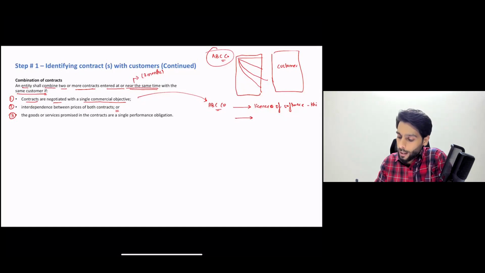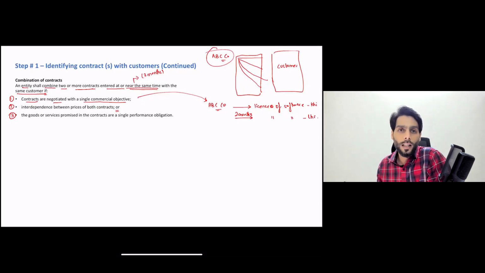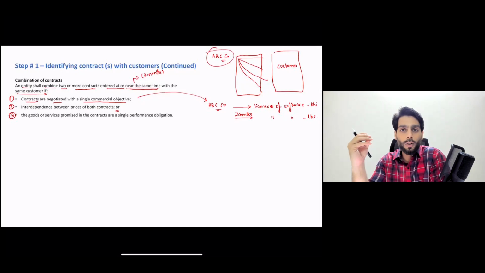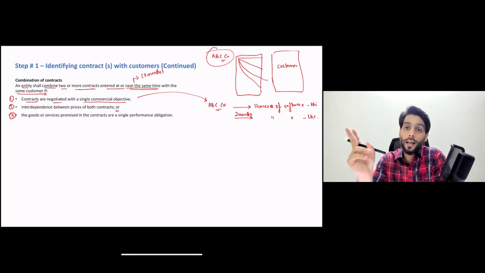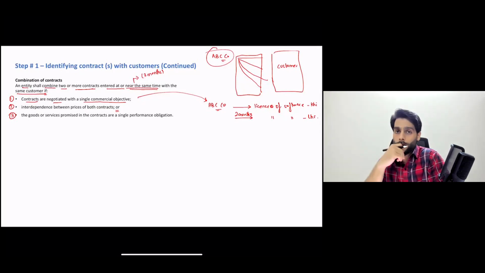Let's say it was signed 2 months after, but it is also for licenses of the same software, but for the Lahore branch. So you are a company which sells licenses of very customized software, and one customer comes to you and signs one contract 2 months back for their Karachi premises, and then signs another contract for Lahore premises.